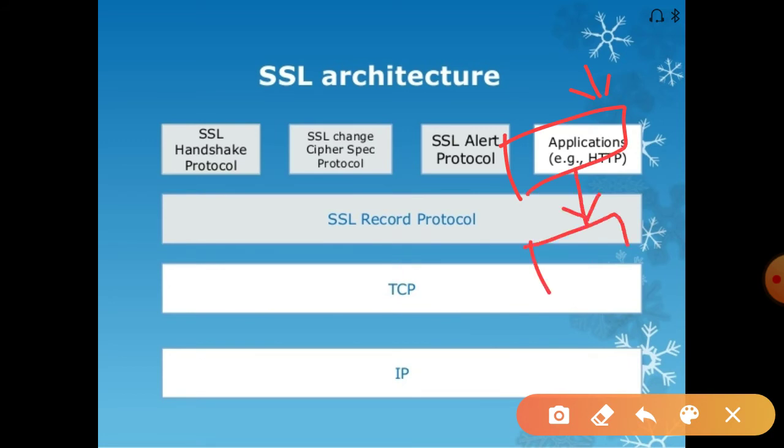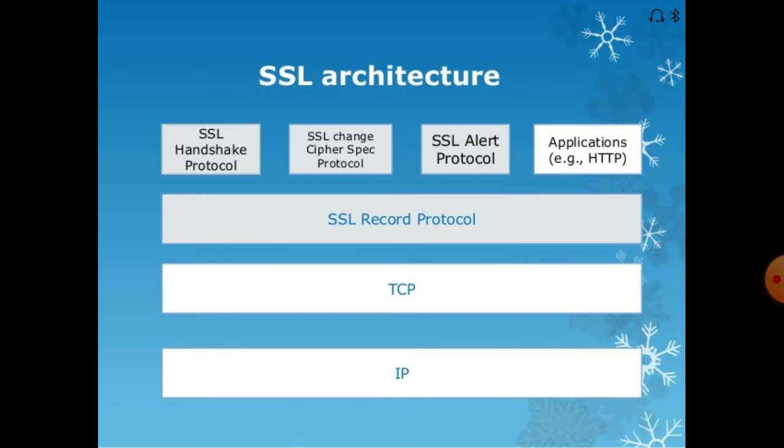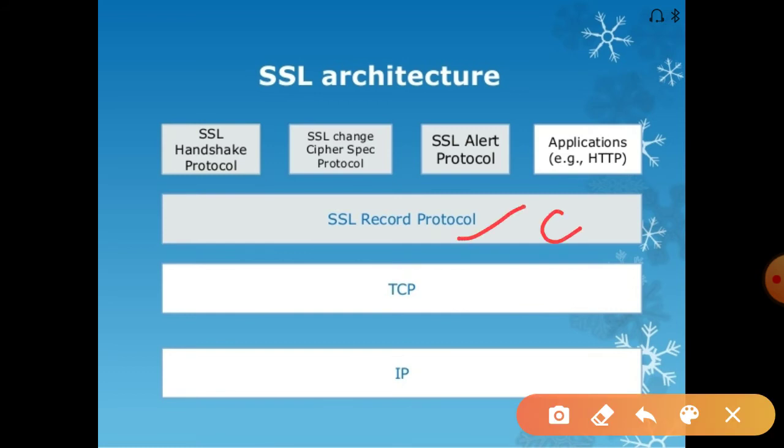After that a MAC is added, and then this entire thing is encrypted. After this, the SSL header is added. SSL provides two functions, confidentiality and integrity. Confidentiality comes from encrypting, and integrity from adding the MAC code. This is done by the SSL record protocol.